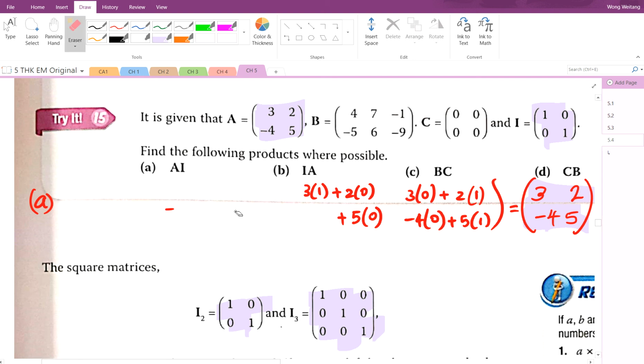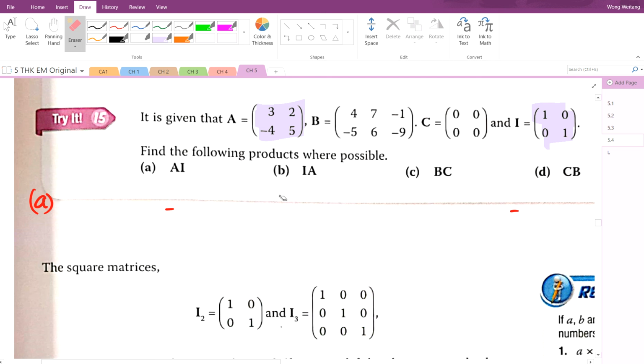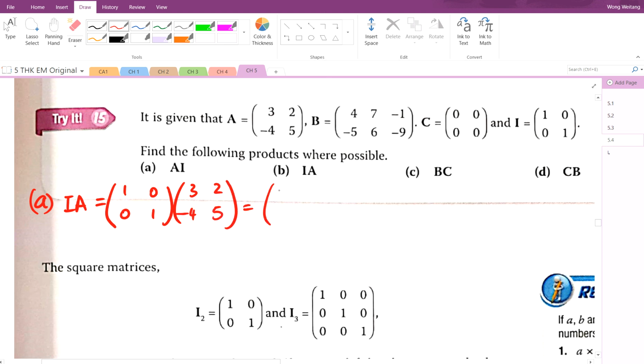Okay, let's take a look at B. Answer the same again. Do you all convince yourself already? I times A. Okay, so 1, 0, 0, 1, 3, 2, negative 4, 5. So 1 times 3 plus 0 times 4. 1 times 2 plus 0 times 5. 0 times 3 plus 1 times negative 4.